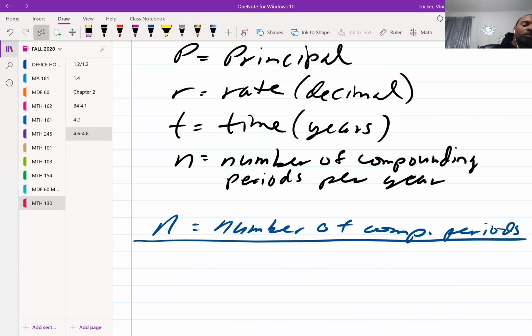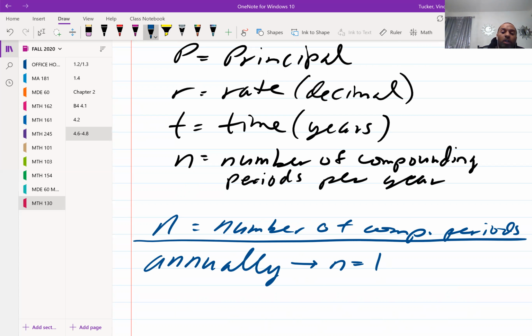So what's going to happen here is that in order to establish what N is, they're going to give you a keyword that's going to let you know what N is supposed to be. Like annually is going to be N equal to 1. That means it only happens once a year. Semi-annually, N is going to be equal to 2.